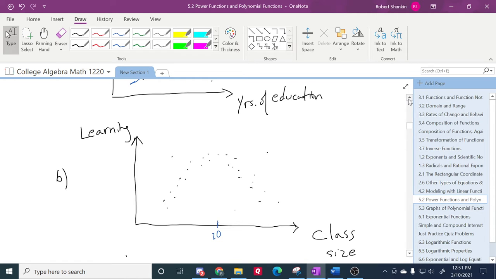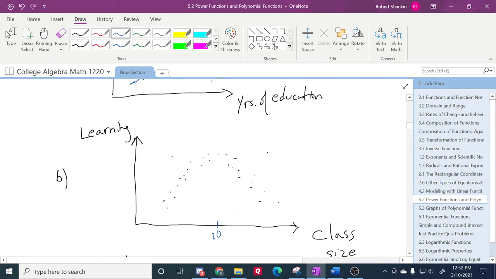Well, suppose you actually go and test the research, and studies have been done. And different studies will probably come up with different results. And so the study found that when the class size was small, there wasn't as much learning, when they tested how much the students were actually learning. When the class size was really big, they weren't learning so much.